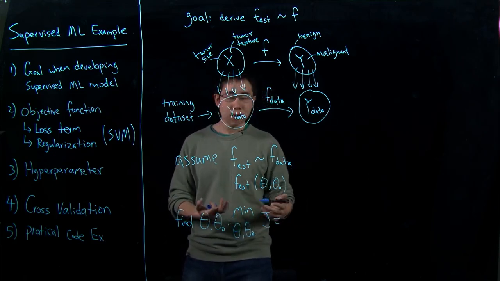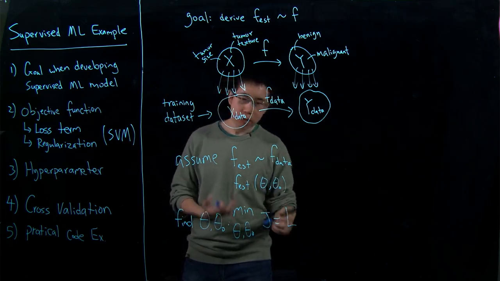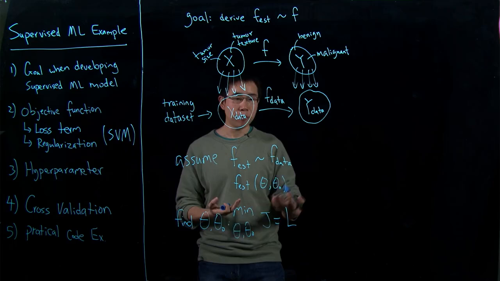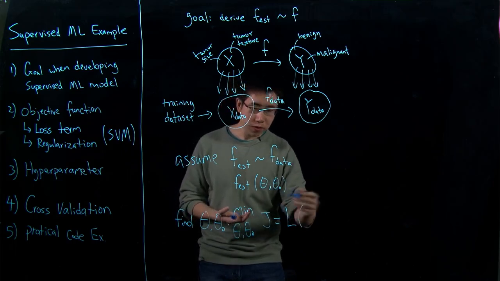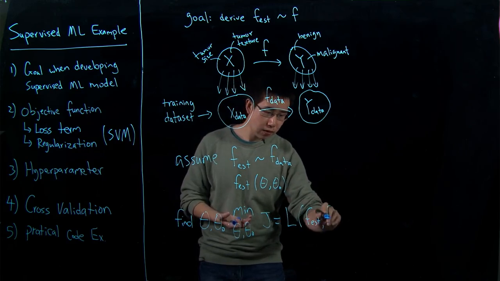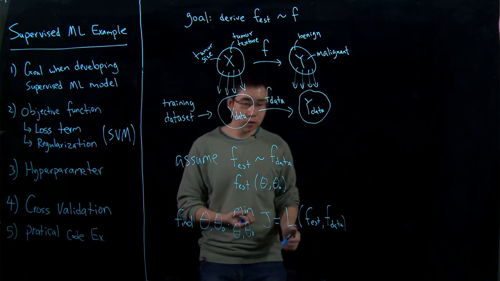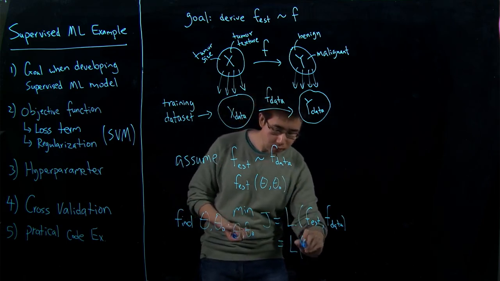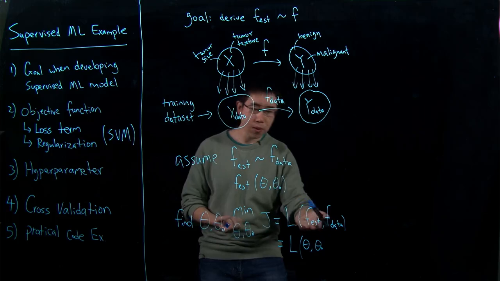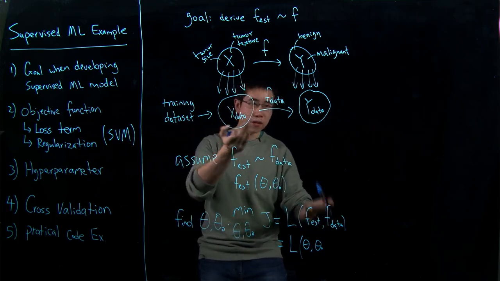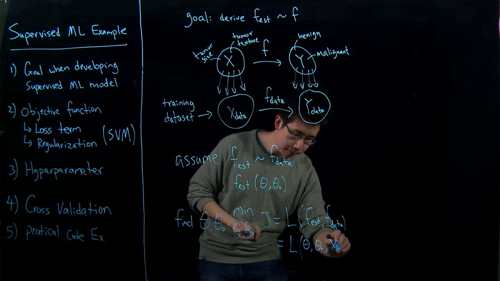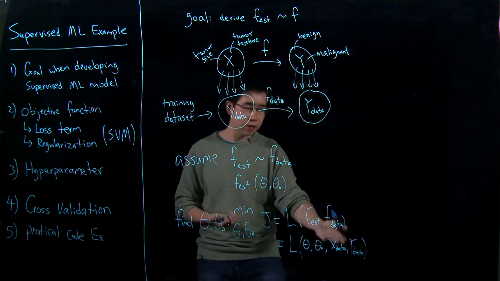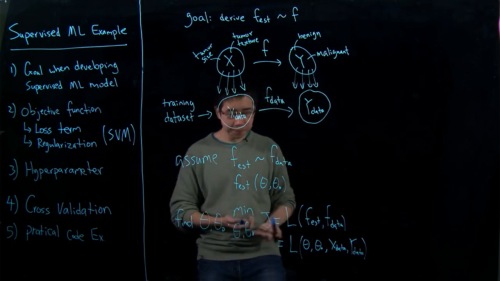And this objective function is equal to a loss term that describes how different our function f estimate is from f data. So this will be a function of f estimate and f data. And which means that this loss term is actually dependent on theta, theta naught, which describes f estimate, and our training data, X data and Y data. Because f data describes the relationship between X data and Y data.